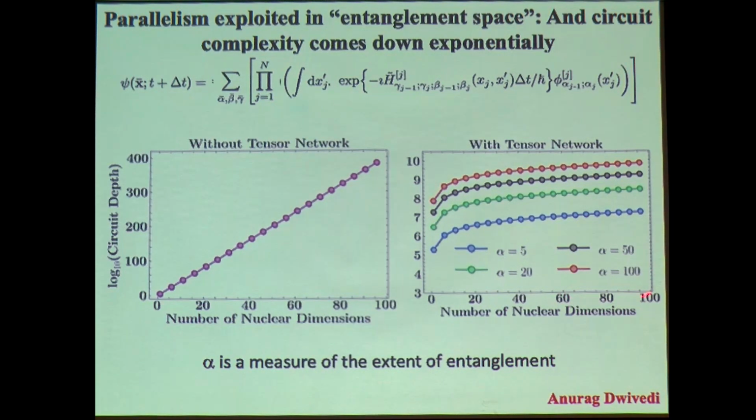Systems with highly entangled states, so alpha, the inner variable here, is 100. I club those variables together and call them alpha. If there are 100 dimensions that are entangled, it's much more expensive, but clearly not to the same extent as in the original problem. So there is some big advantage to be had.